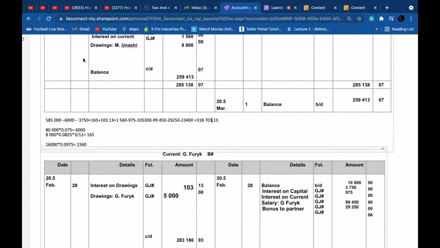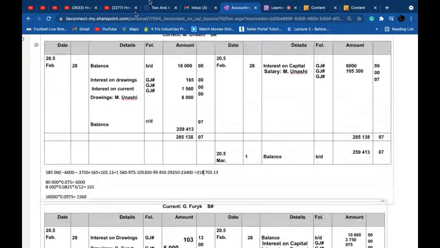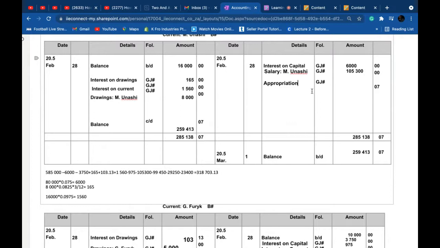Okay, cool. So now that we have that, we can allocate those funds to the respective partners. So we just write appropriation here, and I'm going to do the calculation below.